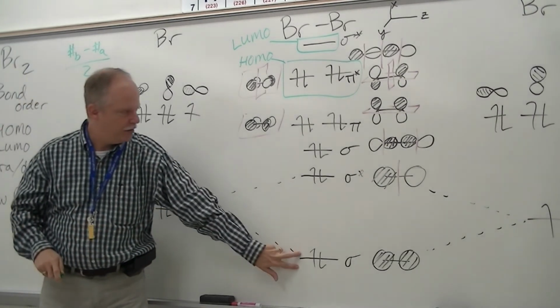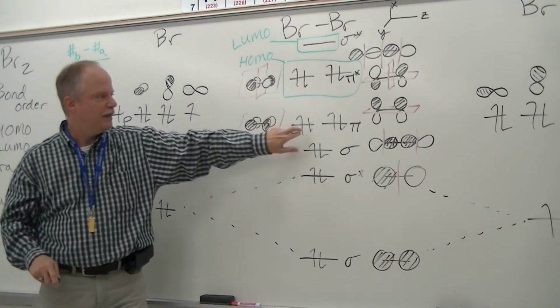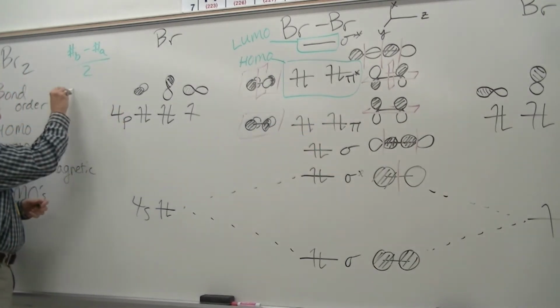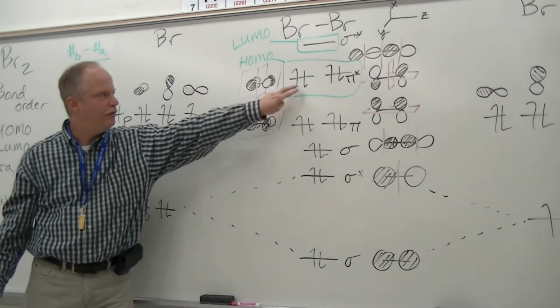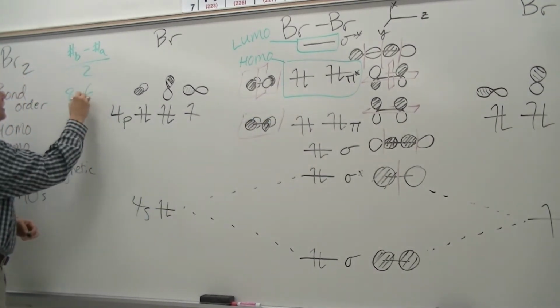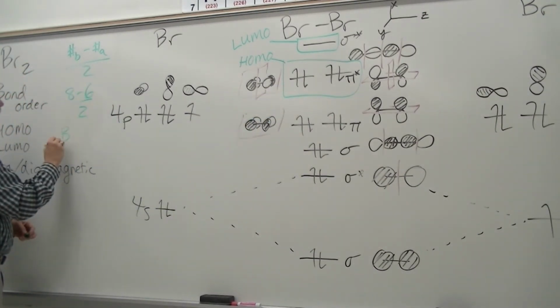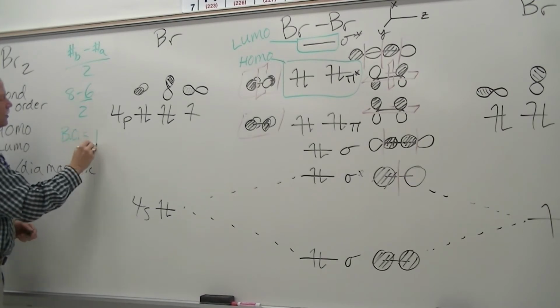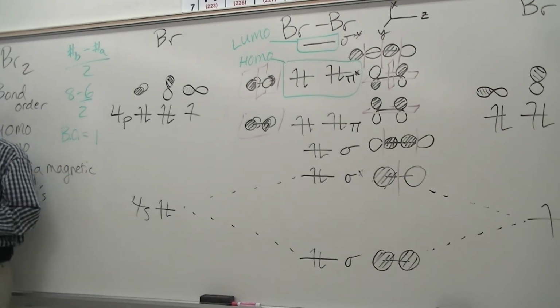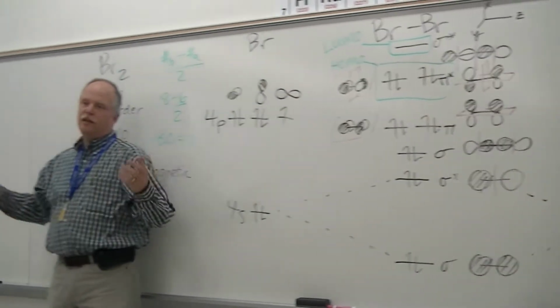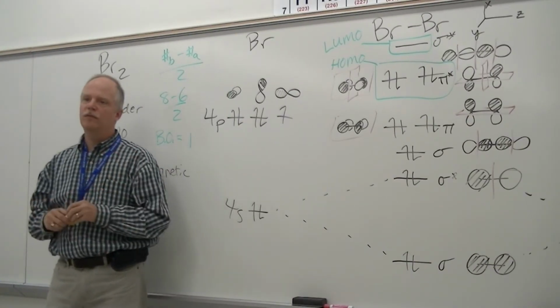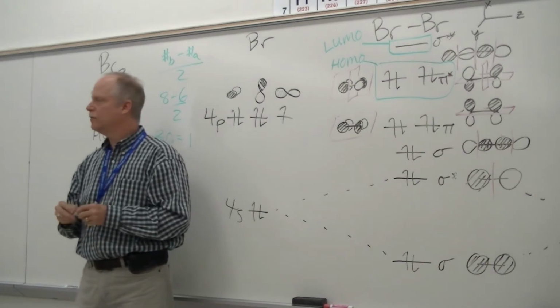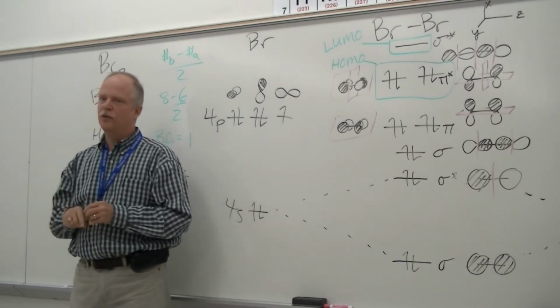So we have 2, 4, 6, 8. 8, 2, antibonding here, 4, 6. 8 minus 6 over 2. So bond order equals 1. And that's nice. It matches our Lewis dot structure, which is our local bond version of the molecule, where we would put a single bond between the bromines.